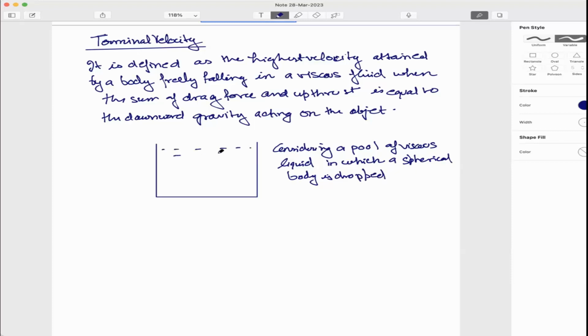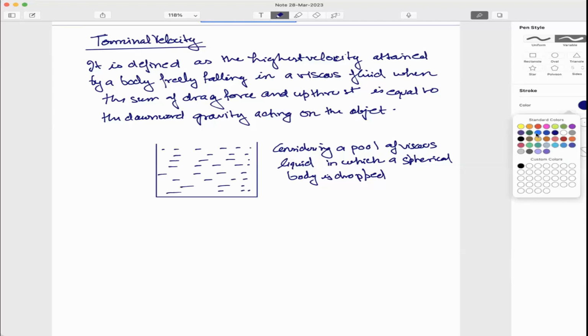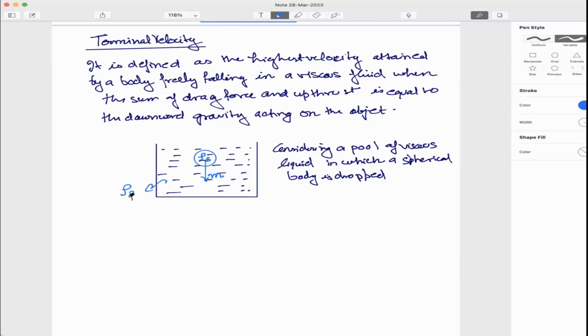It's a viscous liquid, and a spherical body is dropped inside this, such that, for now, we are considering the density of this body to be rho s, the density of fluid is rho f, and rho s is greater than rho f.